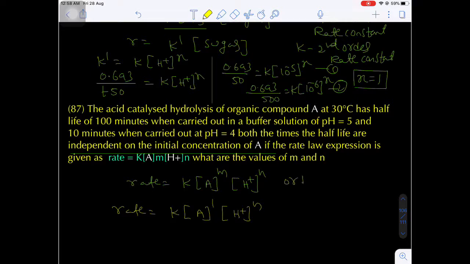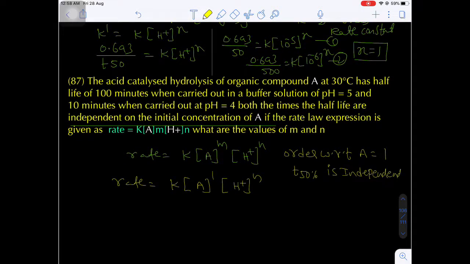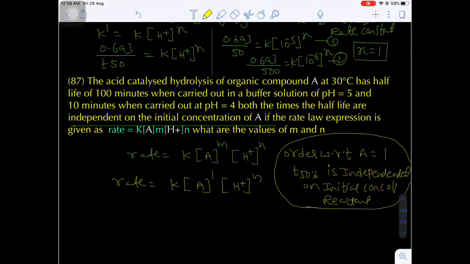Because order with respect to A is equal to 1, because T50, that is the time taken for 50% completion of a reaction, is independent of the initial concentration of reactant. This is strictly corresponding to first order kinetics. Are you getting my point?